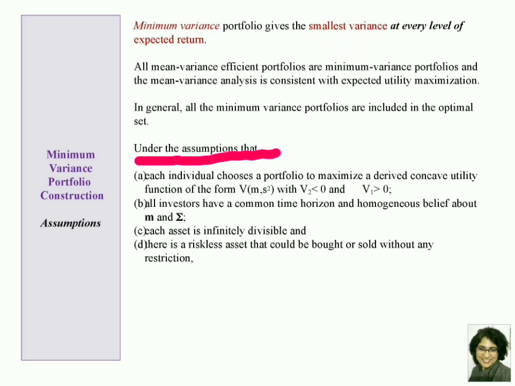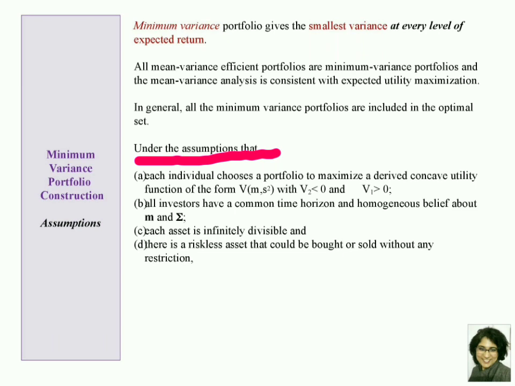Since the utility function is concave, we have V1 greater than 0 and V2 less than 0. So V1 and V2 are the first order and the second order derivatives. Secondly, all investors have a common time horizon and they have homogeneous perception about the mean M and sigma, which is the variance covariance matrix.